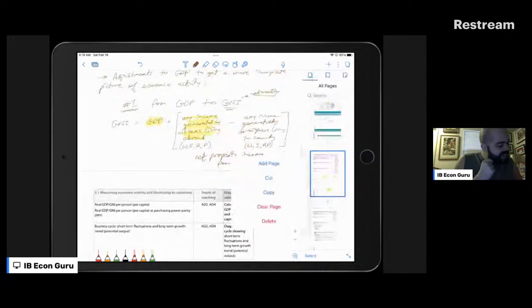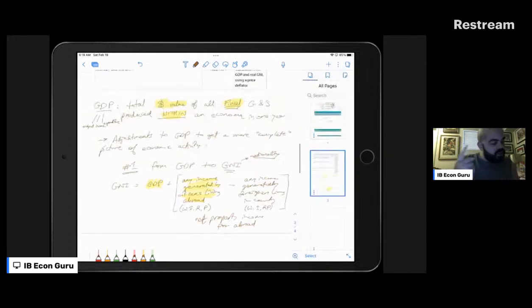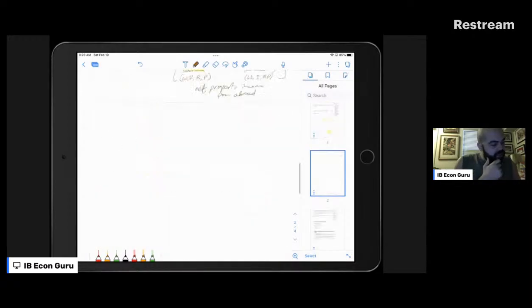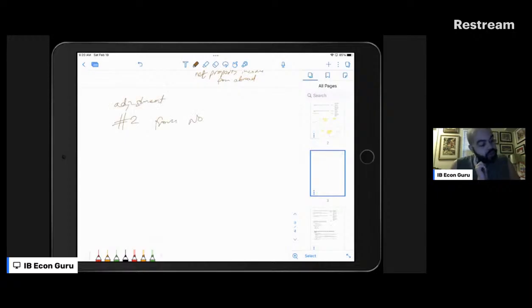All right, what's the second adjustment? The first adjustment is from GDP to GNI. We did this. The second adjustment, adjustment number 2, is from nominal measurements to real.